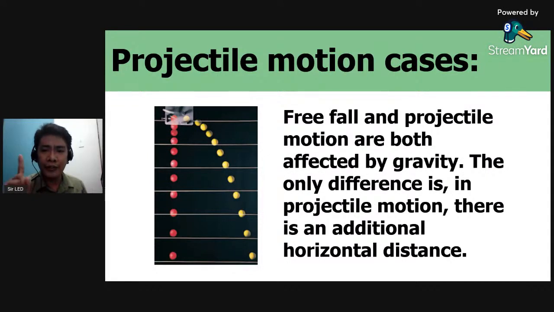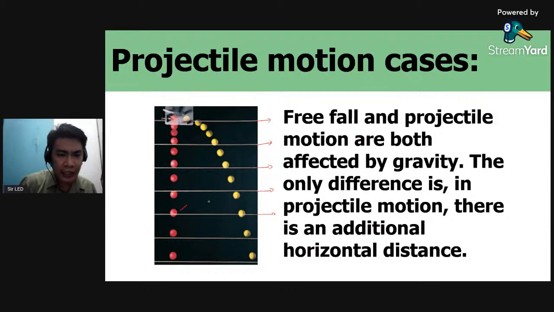Both of them will reach the ground at the same time. Why? Because these two balls, class, are affected by gravity, and both of them will be accelerating at the same rate. As you can see here, class, the lines indicate that they reach the ground at the same time.